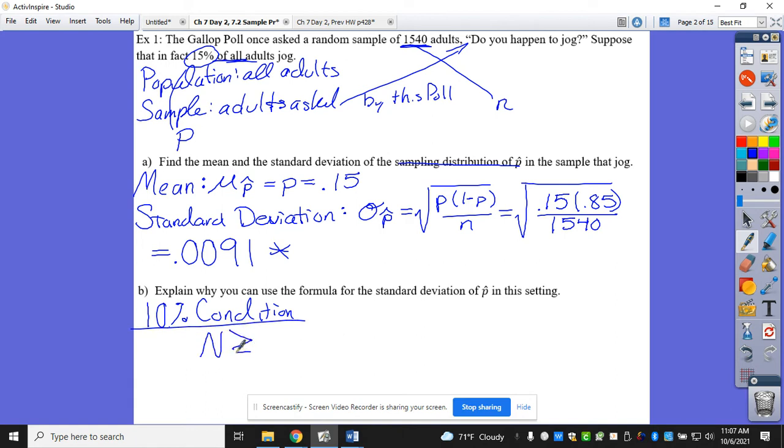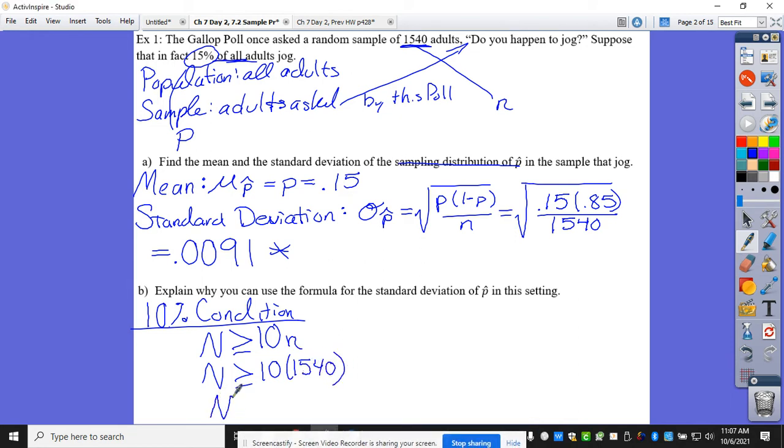Greater than or equal to 10 times lowercase n. Which one of those do I know? Lowercase n, which just gives me 15,400.